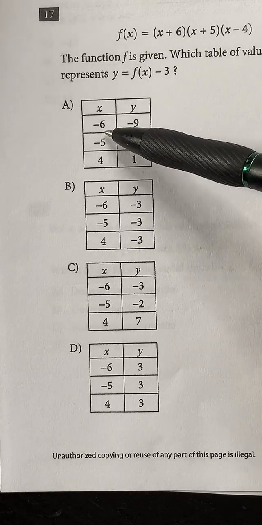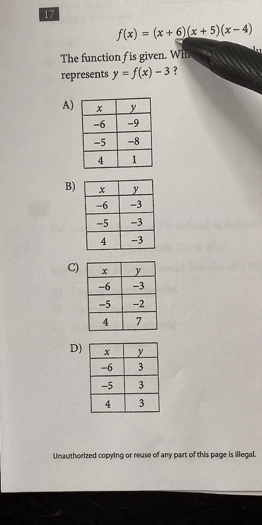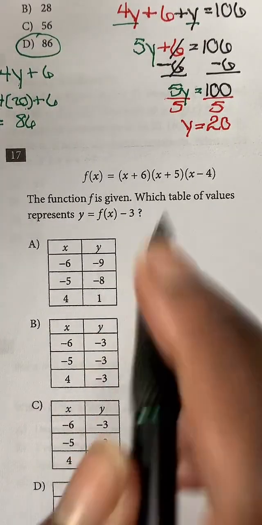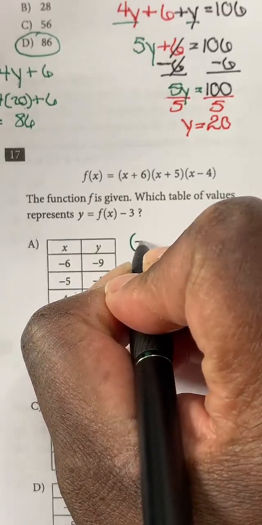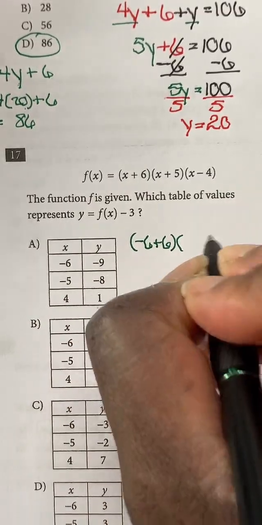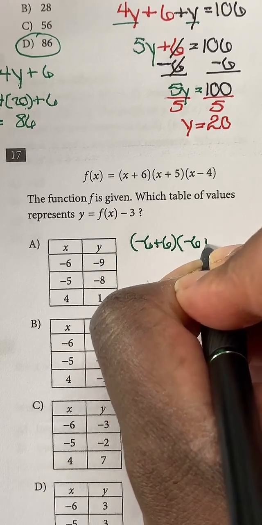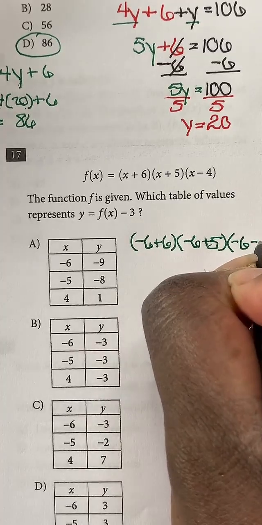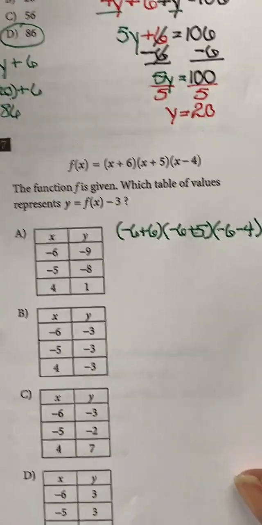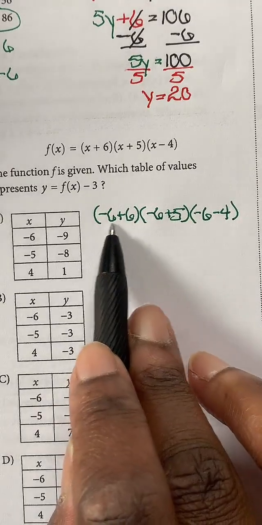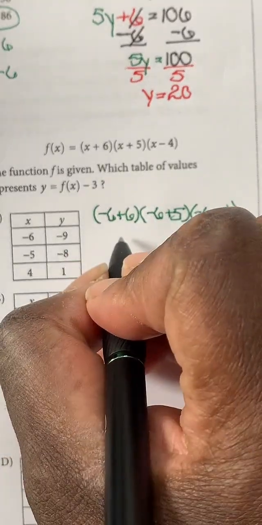Now, for the -6, if I plug the -6 into this first equation, I'm going to get this. I'm going to have a -6 plus 6. Then I'm going to have a -6 plus 5. Then a -6 minus 4. Now, here's the big thing. -6 plus 6, that gives me a 0.